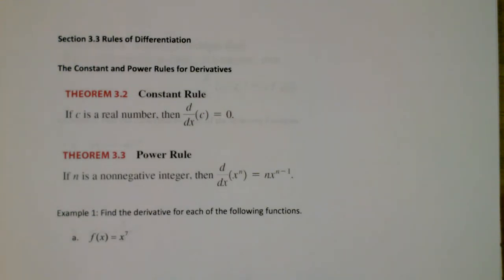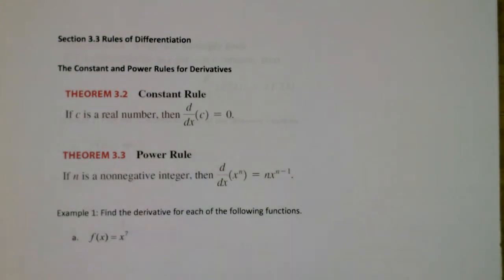Or the derivative of, let's say, negative 25, that's also going to be 0. And that constant can be any positive, negative number, decimal or fraction. As long as it's a constant, its derivative will automatically be 0.